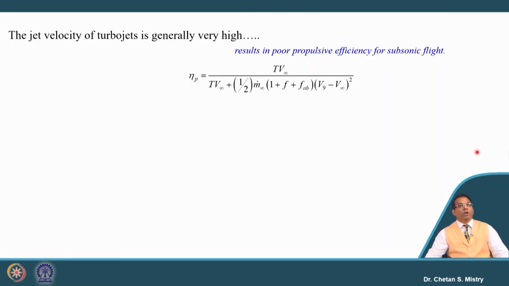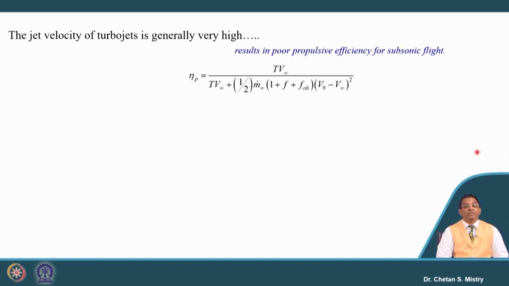Okay. Now, let us try to look at how we have come up with this kind of idea. What we know is my jet velocity coming out from a turbojet engine is very high. Okay. This results in poor propulsive efficiency at subsonic speed, as we have discussed, and that has a limitation.